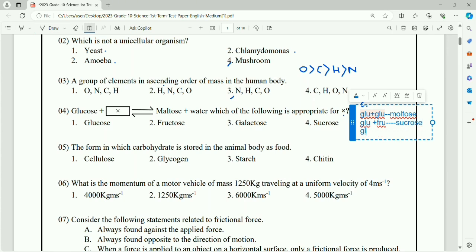And glucose plus galactose gives lactose.